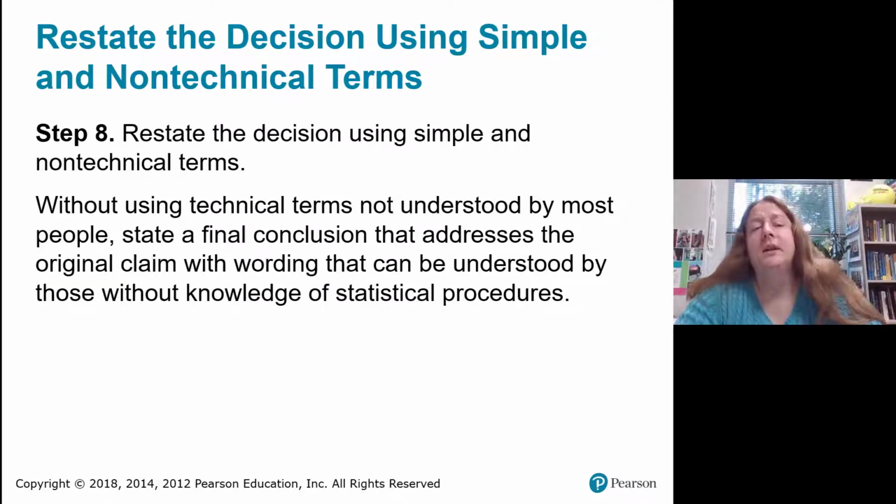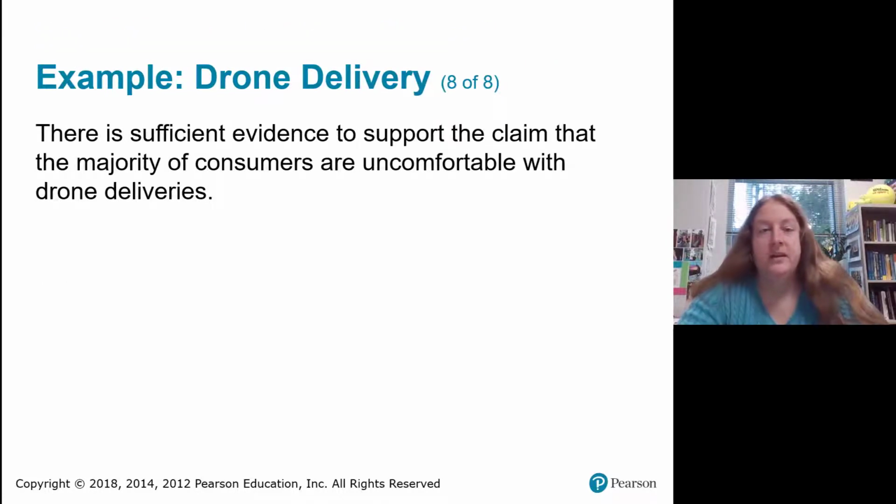Then we restate the decision using simple, non-technical terms. Without using technical terms, like ones that you could use to tell your parents, or your friend, or whoever doesn't know anything about statistics, you need to use words that they're going to understand.